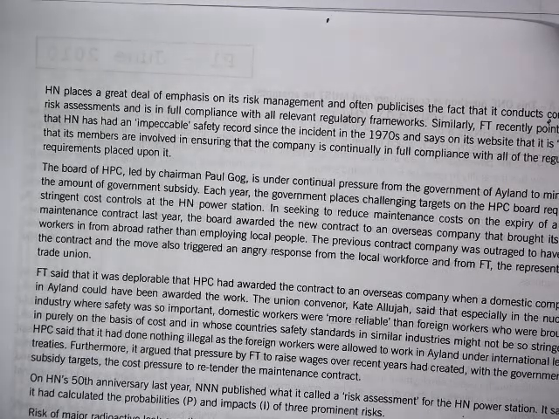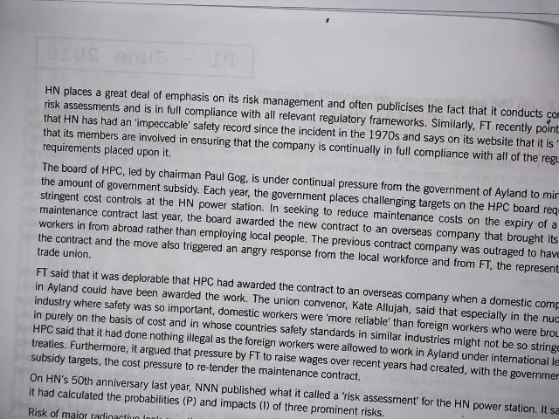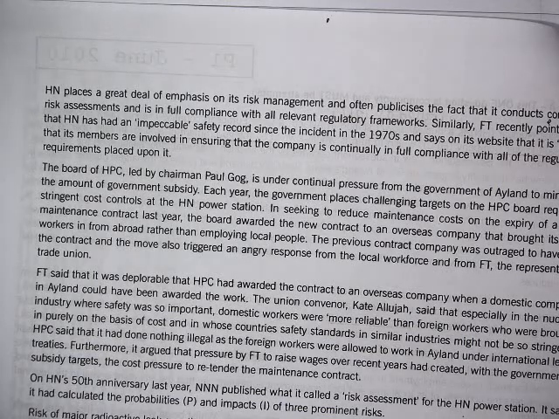And in seeking to reduce maintenance costs on the expiry of the prior maintenance contract last year, the board awarded a new contract to an overseas company that brought its own workers in from abroad rather than employing local people. The previous contract company was outraged to have lost the contract, and the move also triggered an angry response from the local workforce and from FT, the representative trade union.